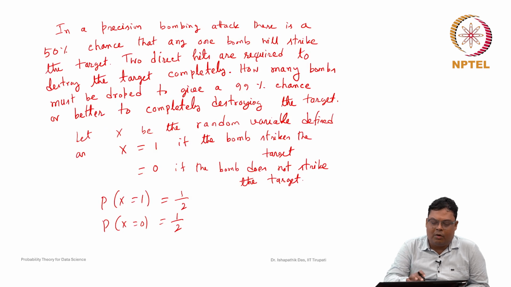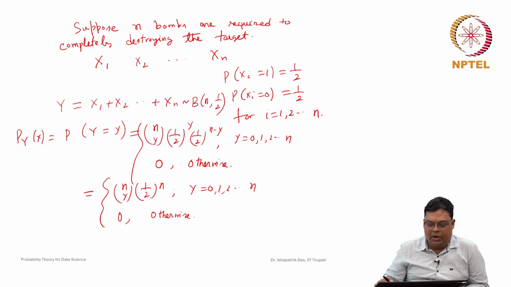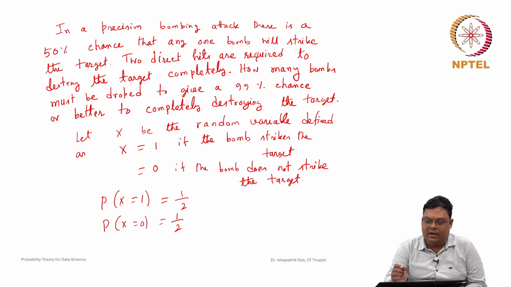Now, to completely destroy the target, 2 hits are required. So, it is asked how many bombs must be dropped to give a 99% chance or better of completely destroying the target.